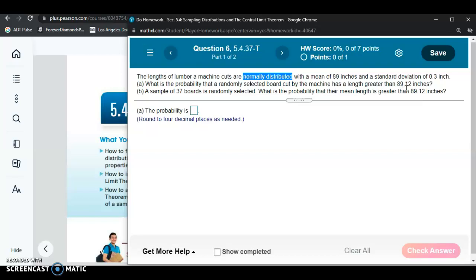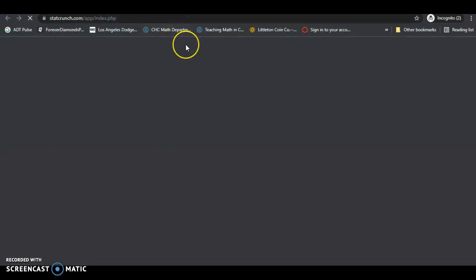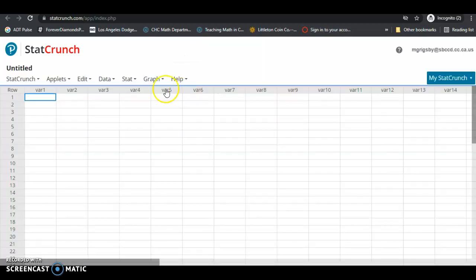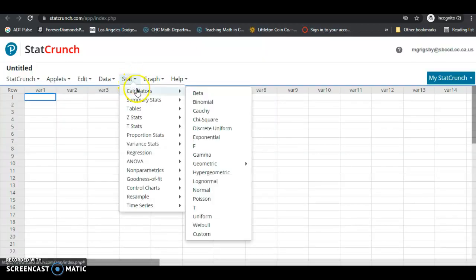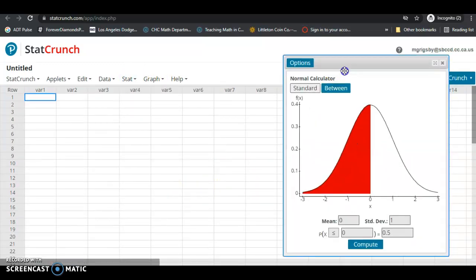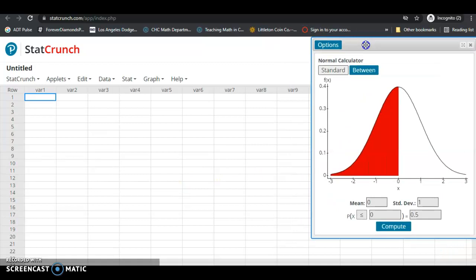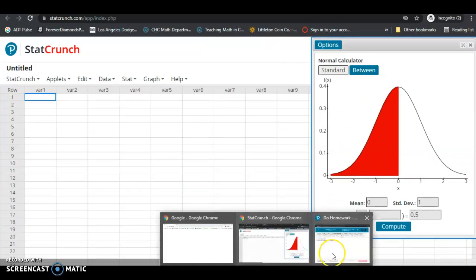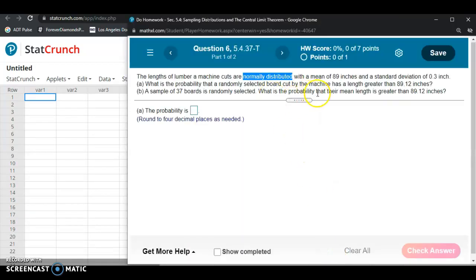So to do that, we're going to go to StatCrunch. Go to the Stat menu, Calculators, and then Normal. Since the question is about one randomly selected board, we're going to type in the mean of 89 and the standard deviation of 0.3.